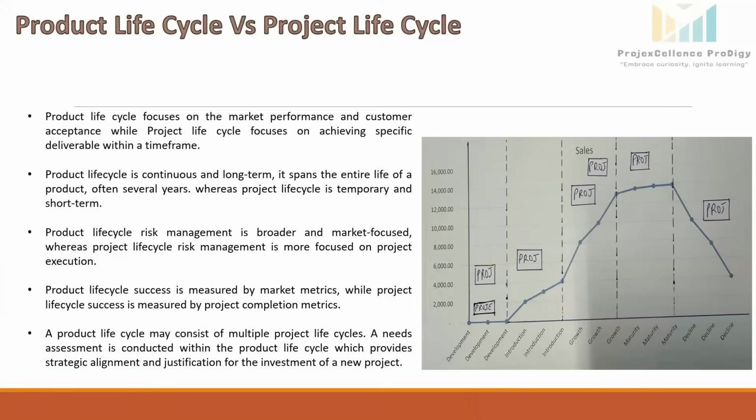We also learned about the project life cycle, its phases, and phase gates. Additionally, we clarified the distinction between project phases and project process groups. Finally, we conducted a comparative analysis of the product and project life cycles, discussing their relationship.